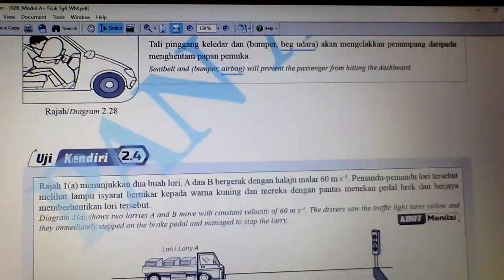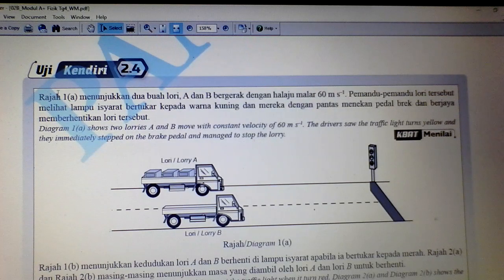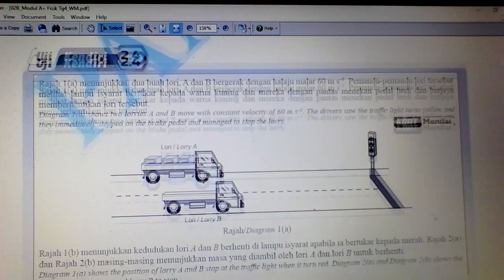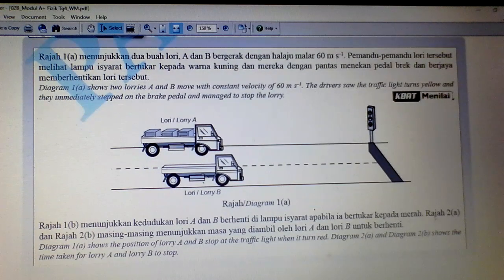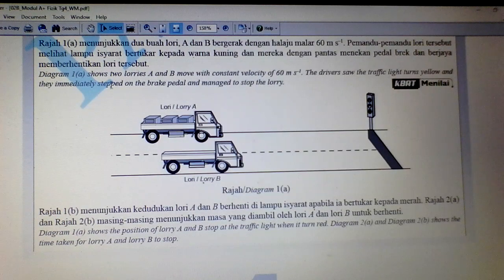Okay, look at one question about a structured question. This is Uji Kendiri 2.4. Diagram 1A shows two lorries A and B moving with a constant velocity of 60 meter second -1. The driver saw the traffic light turn yellow and immediately stepped on the brake pedal and managed to stop the lorry.